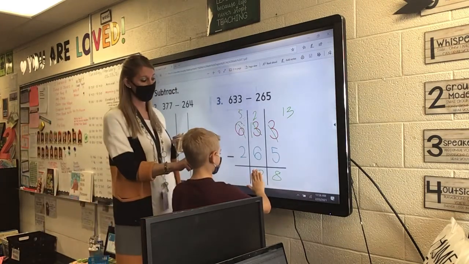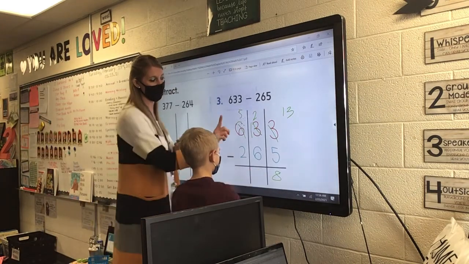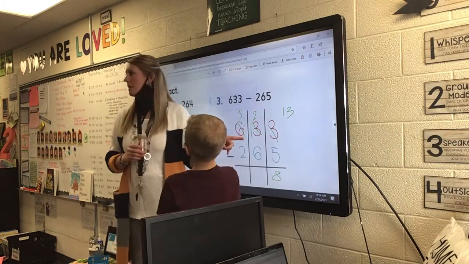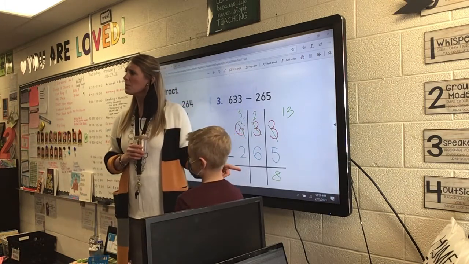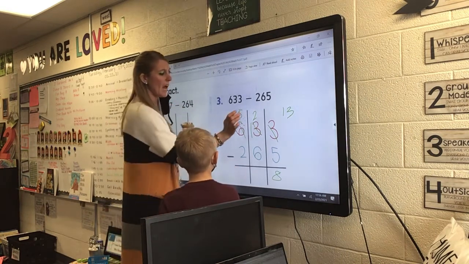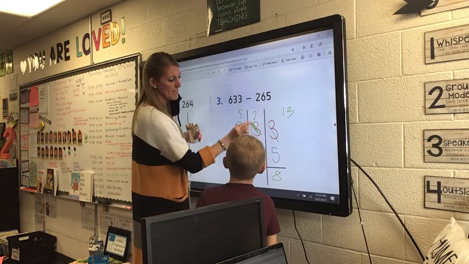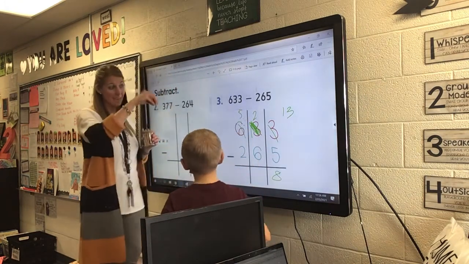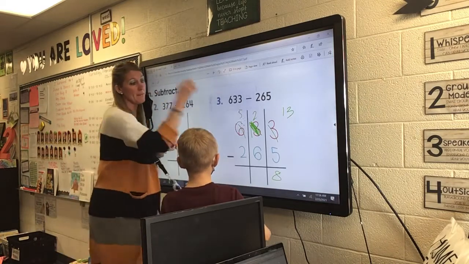You did this wrong because you didn't do the first step first. Hey guys, look what Lewis did. He did 13 minus 6. What did he do wrong? Ingrid? Yeah, we don't have 3 left anymore. We only have 2. So you have to put the 10 in front of that 2. So put a 1 in front of there.